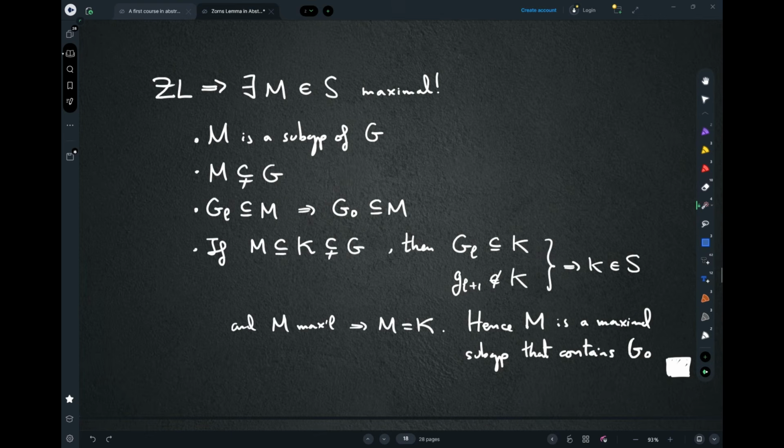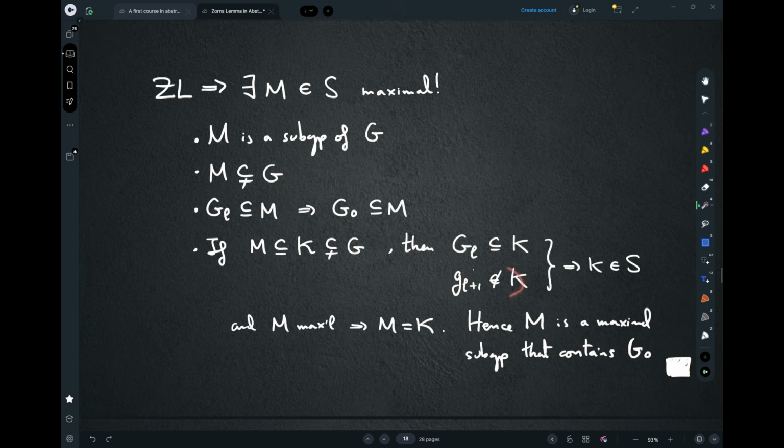So it remains to show that M itself is a maximal subgroup. So suppose there is another subgroup K in between M and G, but it is a proper subgroup. Could this be the maximal one? Well, if K contains M, then G_L is contained in M, and therefore G_L is contained in K. And G_{L+1} cannot be in K because if G_L and G_{L+1} are in K, then all of G would be in K, and K would be equal to G, but it is not.